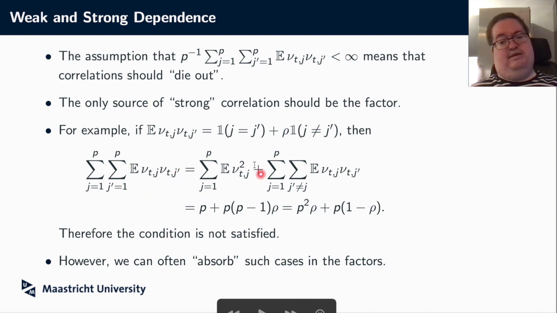You can split it into the sum of the variances and the covariances. You have p variances, so this becomes a sum of order p. But you have p times p minus 1 covariances, so here we get a sum of order p squared. So clearly, if we divide that by p, which is what we should have, and then be finite, this will not work because p squared increases too fast.